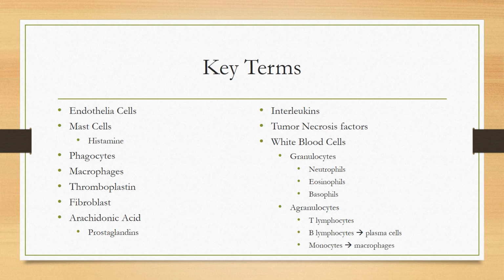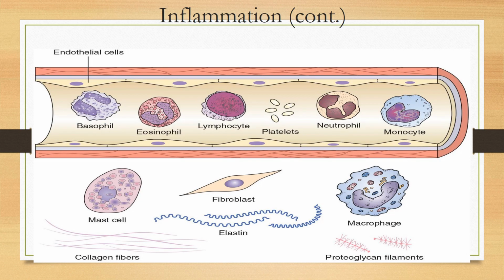Now, the rest of those terms are the white blood cells. You have your granulocytes and you got your agranulocytes. And with your granulocytes, we have the neutrophils, eosinophils, and basophils. And with your agranulocytes, we got our T lymphocytes, B lymphocytes, and our monocytes. So this is just a nice picture showing some of the cells that we just talked about.